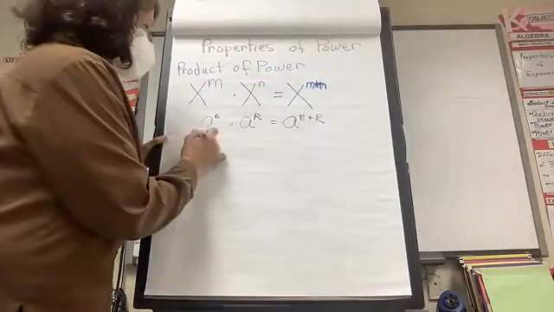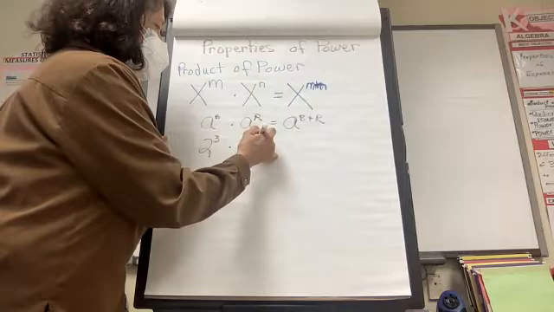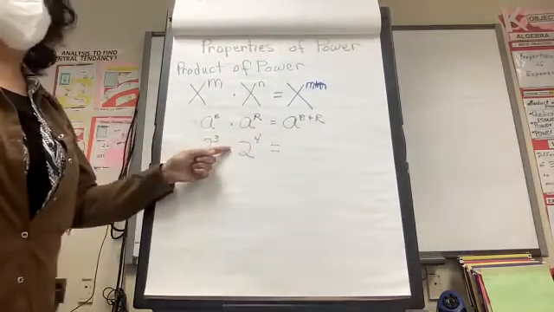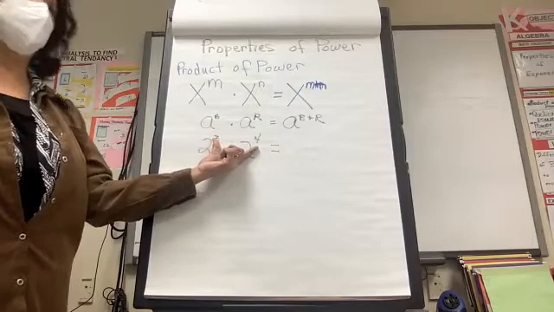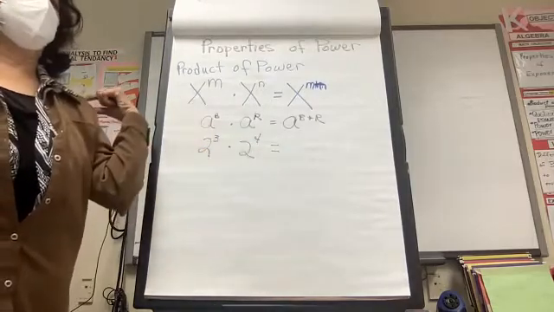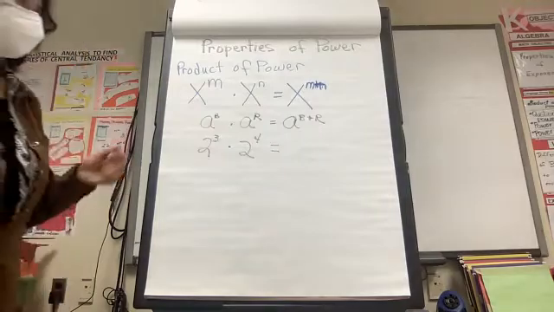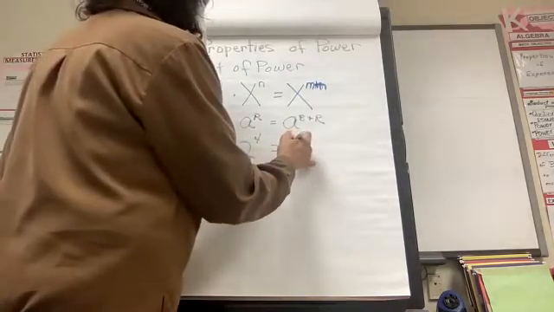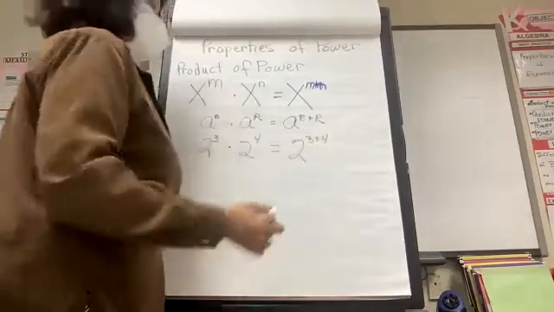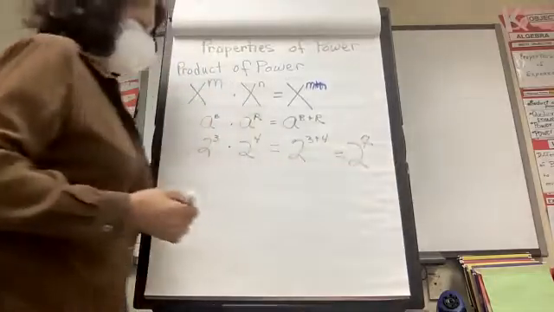So if I gave you 2 to the third power times 2 to the fourth power, say, what kind of problem is this? It's a multiplication problem. We don't want to multiply, we want to add, because they're bossy little numbers that sit on the shoulder of the base number and talk in its ear. So this will be 2 to the 3 plus 4, which is equal to 2 to the 7th power.